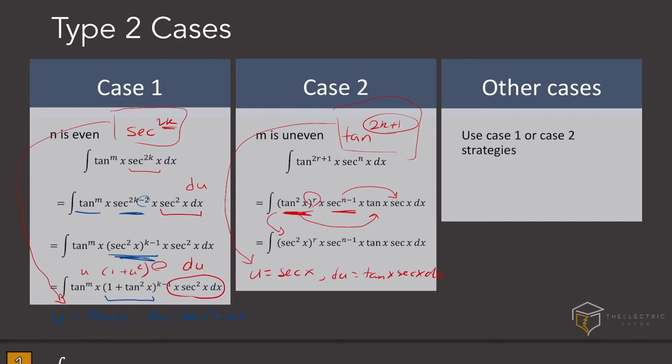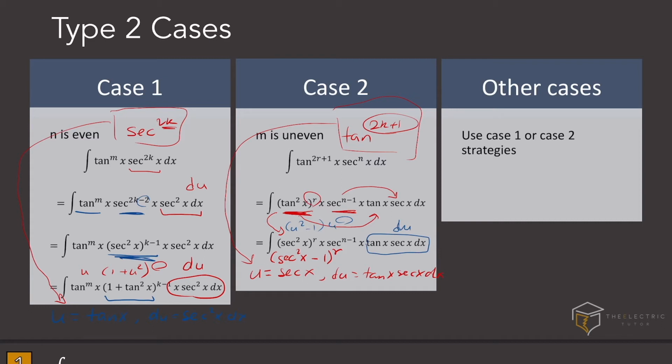And there's actually a mistake here. It's supposed to say secant squared minus 1 raised to the r, using the same identity we used for case 1. And using the u-sub, we write that in a different color. All of this is going to simplify to du, and then this is going to be u squared minus 1 times u to whatever power is being raised to.